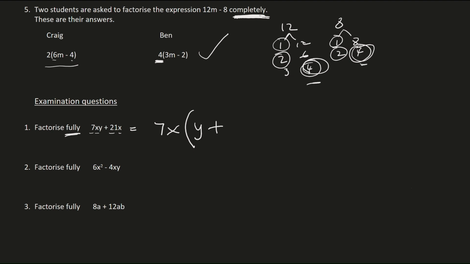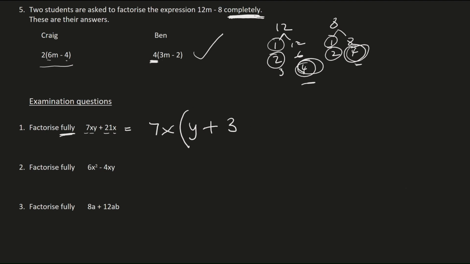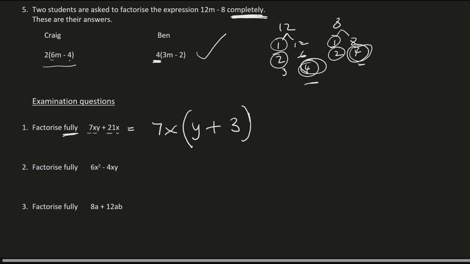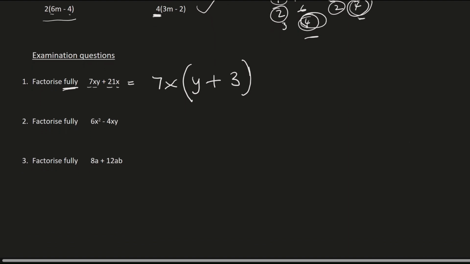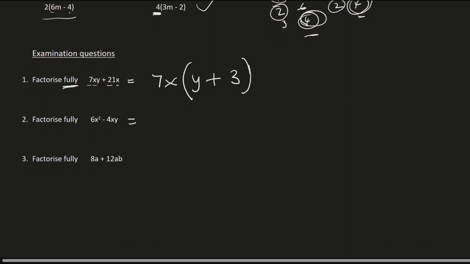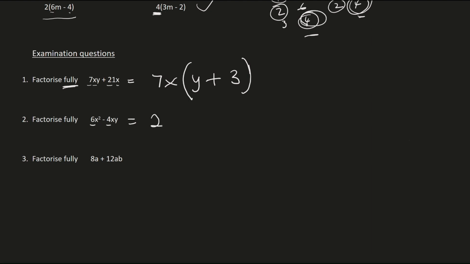Then add 21 divided by 7 gives me 3. Don't forget, x has already been factorized out. So this becomes our answer. Let's move on to question 2. We have 6 and 4. Highest common factor for 6 and 4 is 2. Common letters, we have x, open brackets.